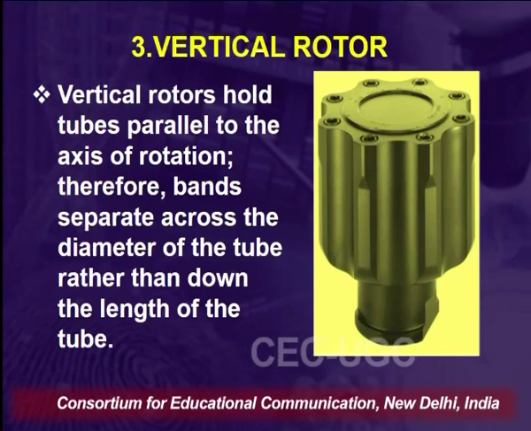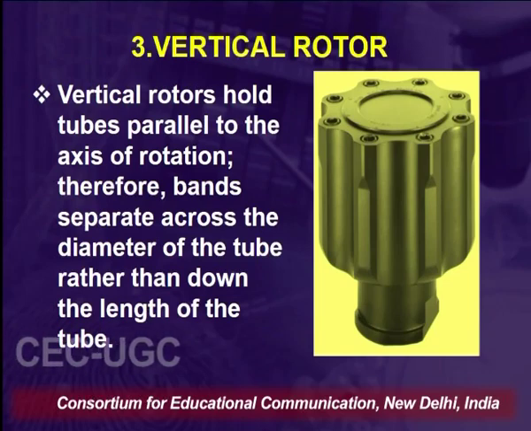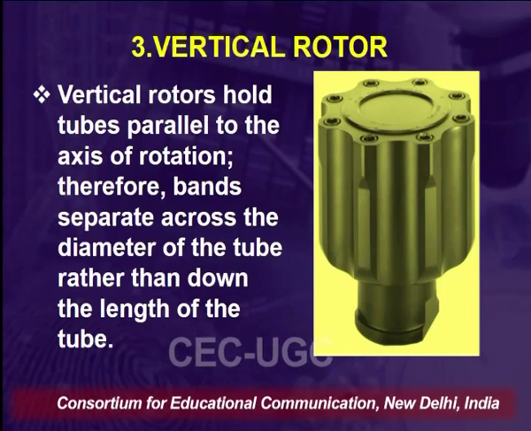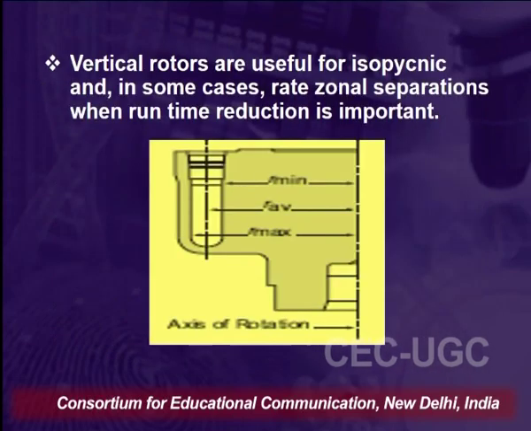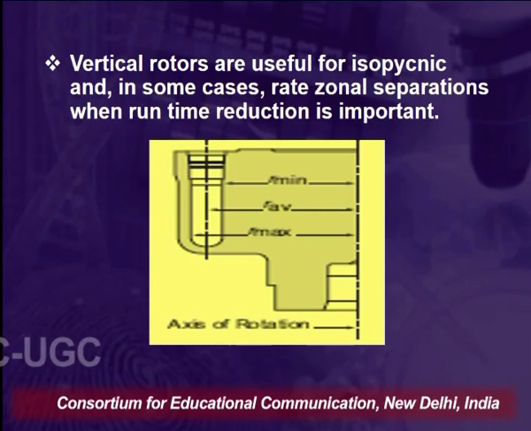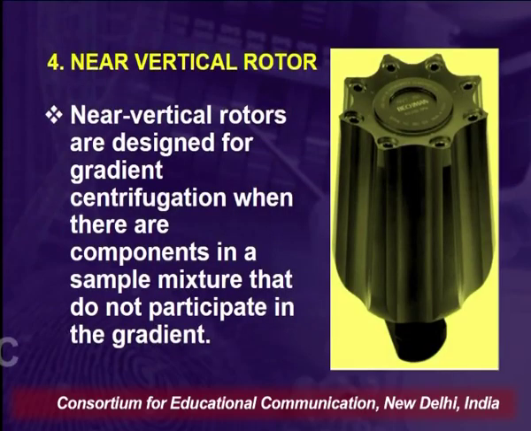Vertical rotors hold the tube parallel to the axis of rotation, therefore bands separate across the diameter of the tube rather than down the length of the tube. As you can see in the diagram, vertical rotors are useful for isopycnic studies, and the bands will be along the axis of rotation, whereas in the swinging bucket it goes up to the perpendicular 90 degrees.